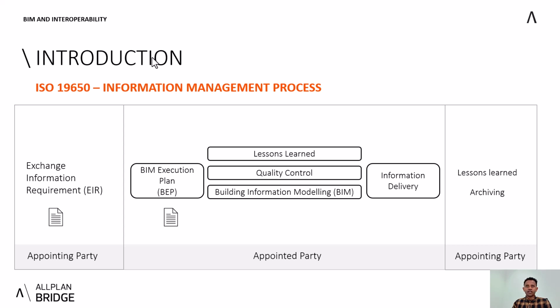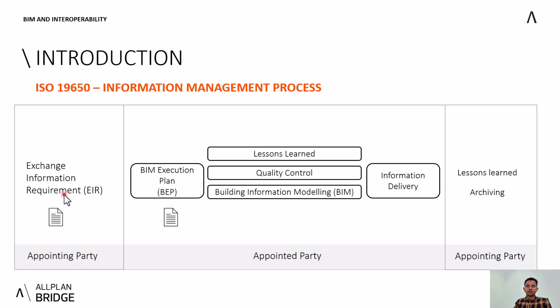But just to give the general overview, we have here an appointing party. Maybe I'll just change the cursor here so you can see much better. Here we have the appointing party, and we have the appointed party, with the list of tasks that they need to perform. And of course, at the end of the day, we have the appointing party back. The appointing party can start with the requirements.